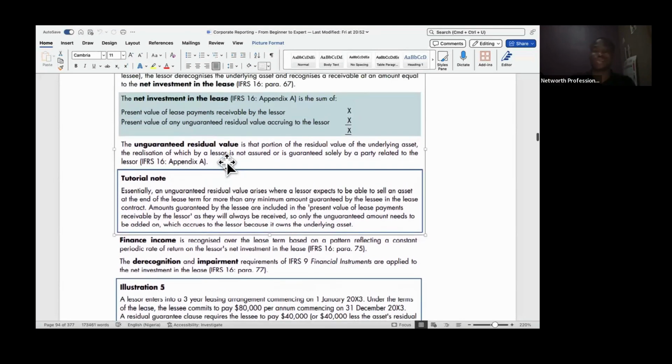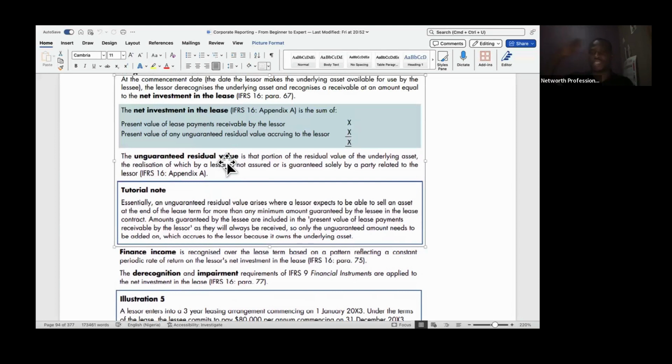And the same thing at the end of the year, just like we did for lease liability: anytime we have done discounting, as you move through time, you need to unwind that discount through interest. For the lessor, since he is collecting money, unlike the interest expense we used for the lessee, it's going to be finance income or interest income. Then you deduct the lease rental he's collecting.